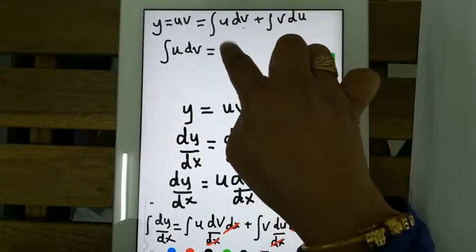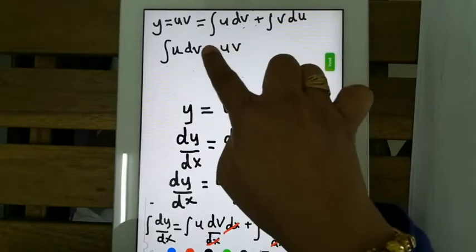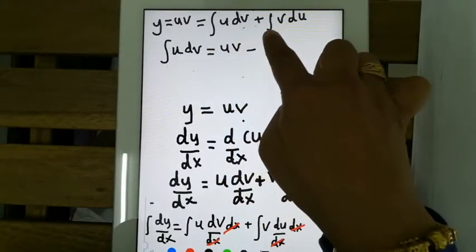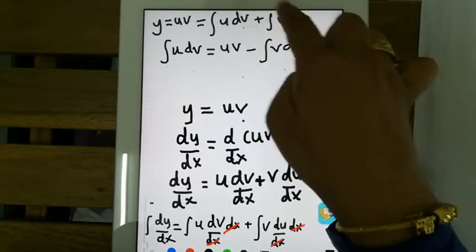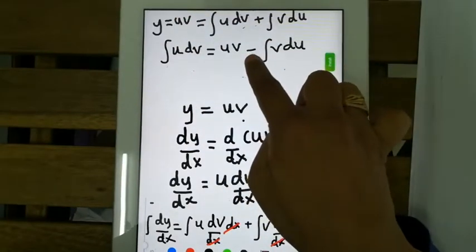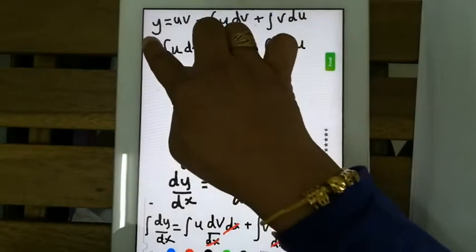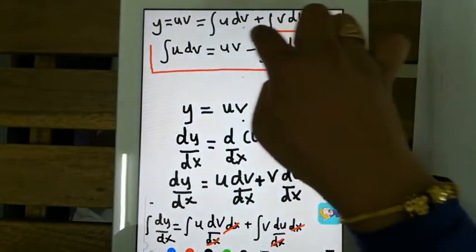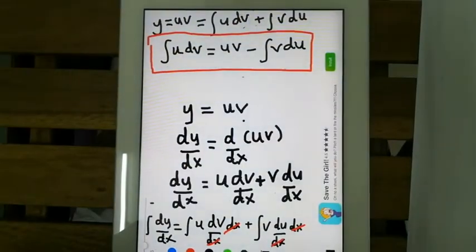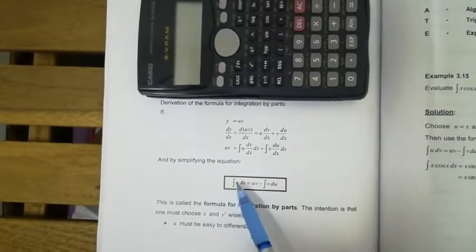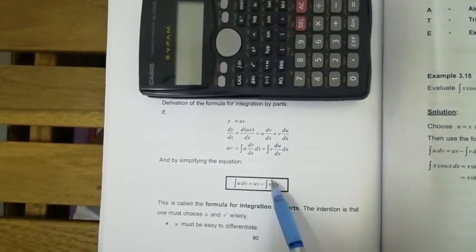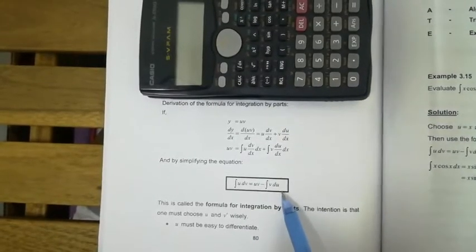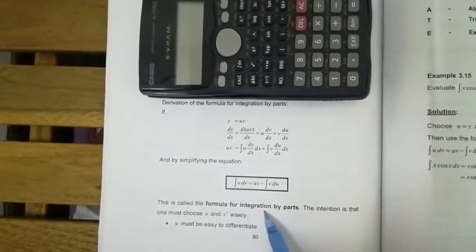The final representation of the formula is uv minus the integral of v du. We bring the plus v du to the other side, and it becomes minus. So this is your final formula for integration by parts. I just showed you how to get the integral of u dv equals uv minus the integral of v du.